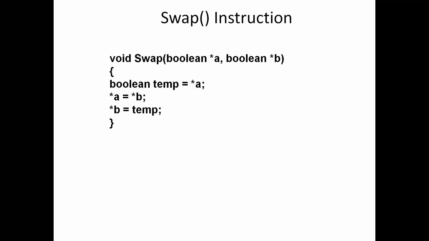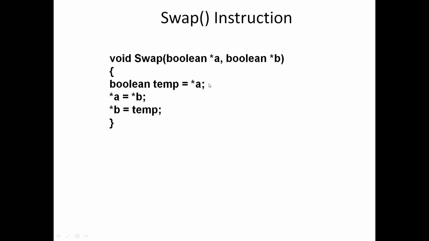So here we are passing pointer variables as arguments for the swap instruction, and here we are doing just the normal swapping, that is temp equal to *a, *a equal to *b, *b equal to temp.